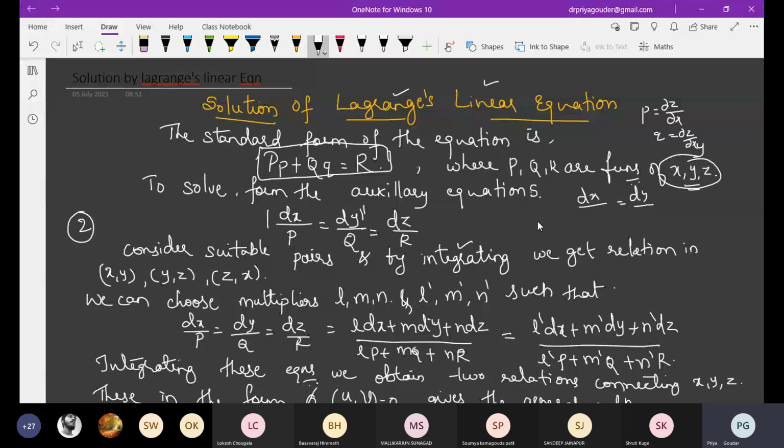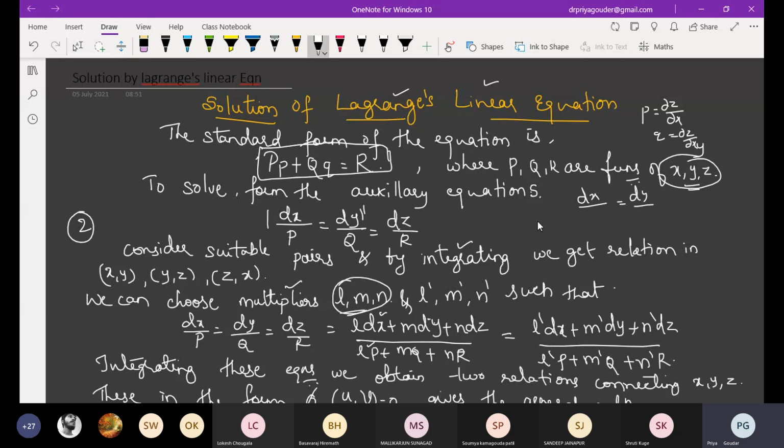So what we have to do is eliminate that z. You can take the help of some quantities called multipliers. They are a set of values that may be constants or functions of x, y, z. Suppose I choose the multipliers as L, M and N. For the first term, multiply numerator and denominator by L, so you'll get L dx and LP.